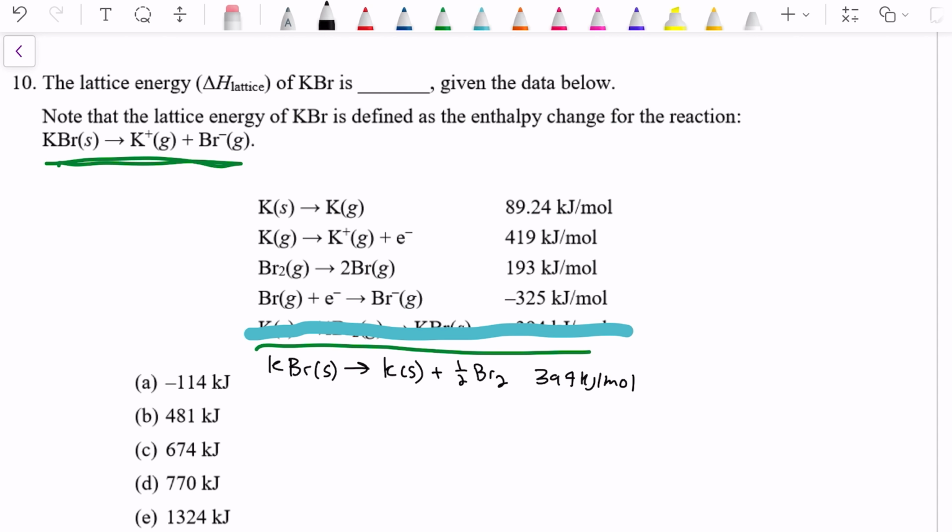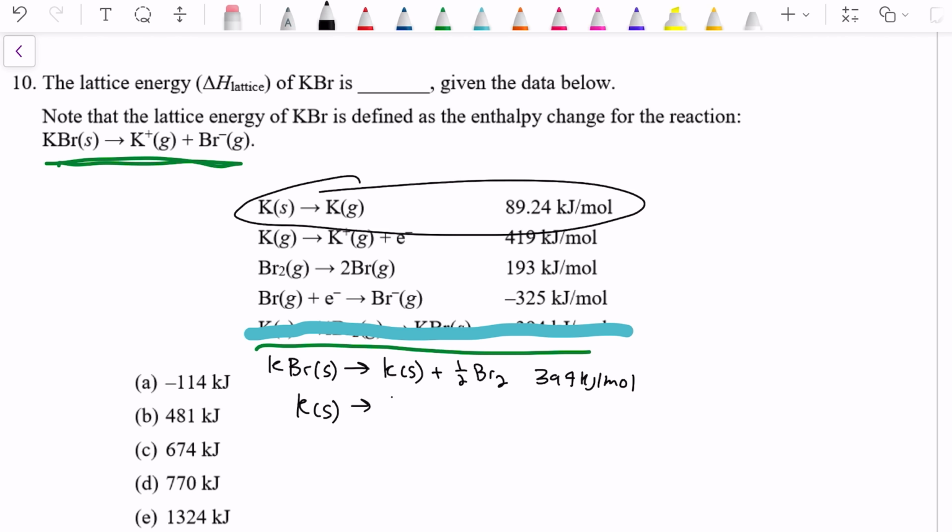And then what's going to be next? Let's cancel the potassium solid and let's use this one. Let's put the solid potassium on this side. So it cancels potassium gas, and that is, I'm just going to leave it as 89.24. I'm going to get rid of the units because they're all going to be kilojoules per mole, and it's going to get confusing.